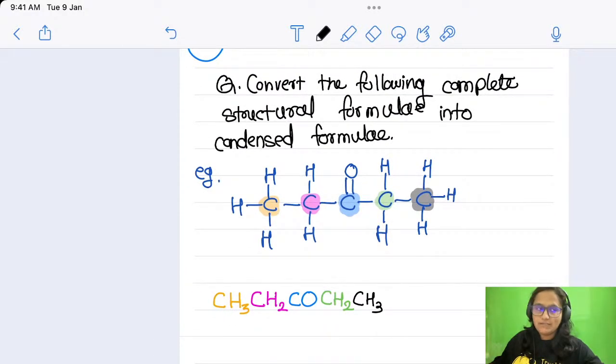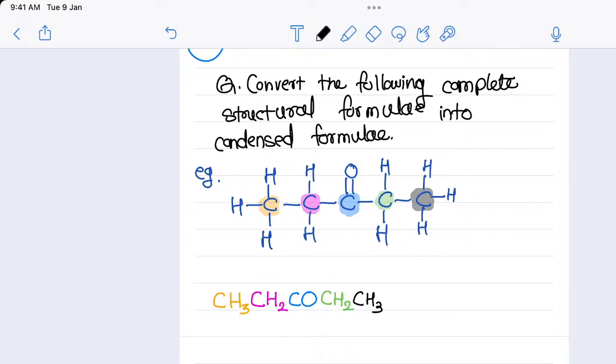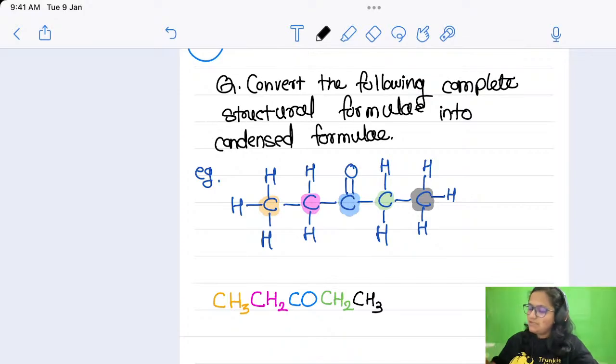You guys can take a screenshot of this structure first of all. Now let us see some more examples for this conversion of a detailed formula into a condensed formula.